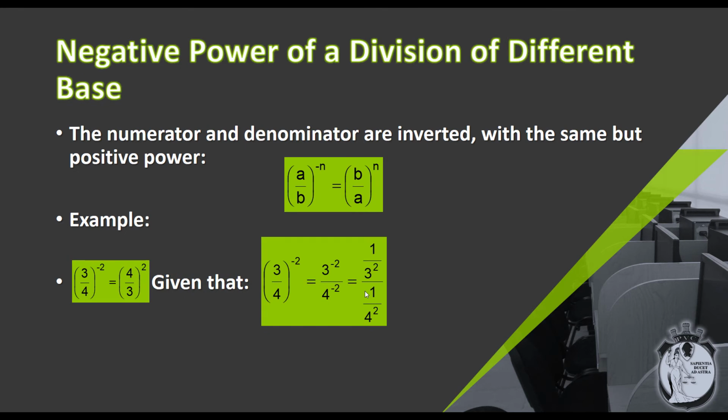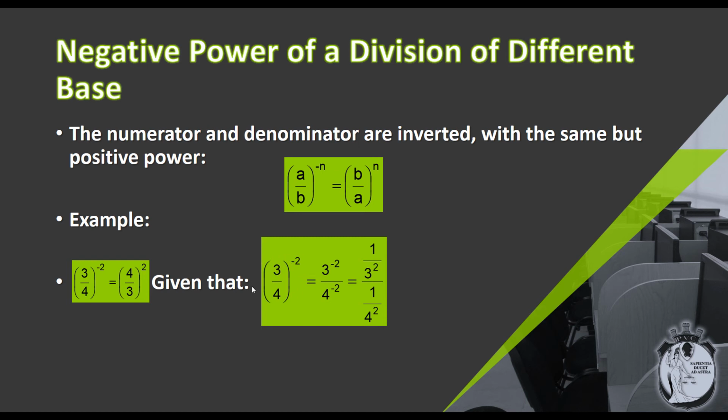Negative power of a division of different base. You have a division here and the whole expression is raised to the negative power, so you can change again. Why? You remember one rule that we saw recently.